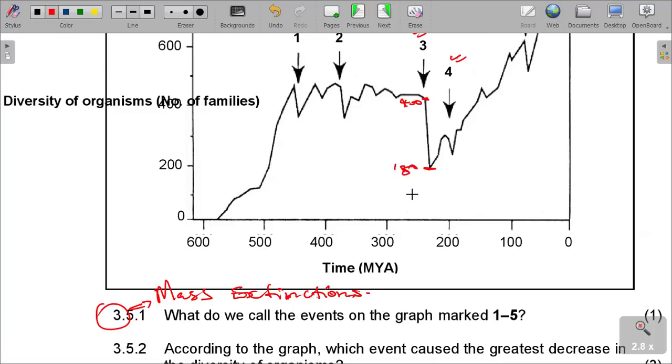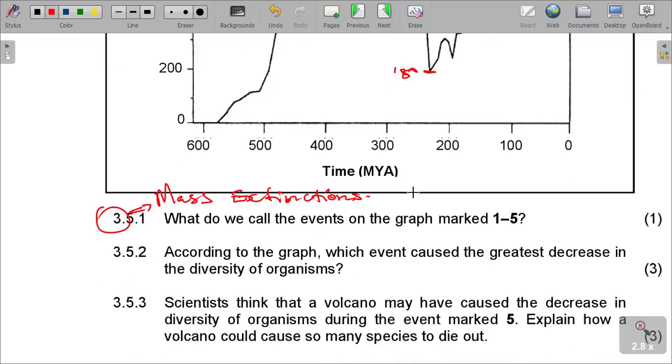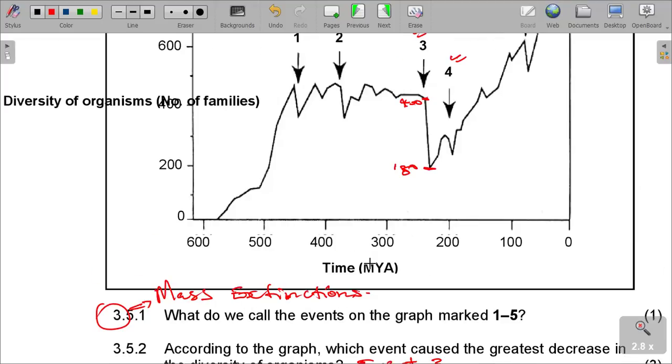So you can see that it's event 3. It actually caused the greatest decrease in the diversity of organisms. Event 3, that is very correct.